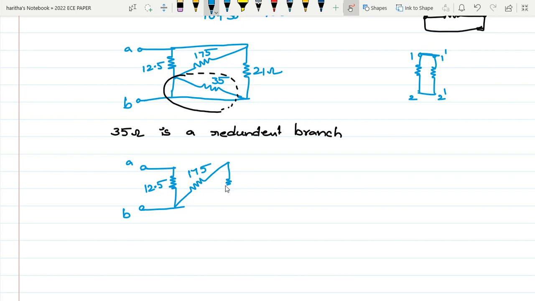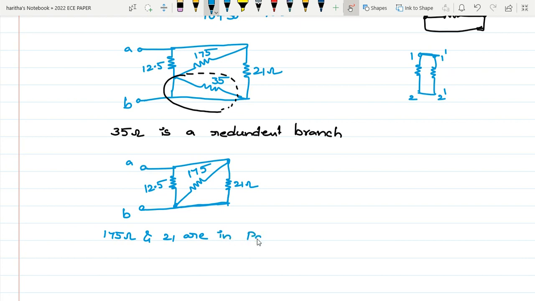And one more resistor, it is 21. One end of 175 is this, and one end of 21 ohm is directly connected to this 175, and other ends of 175 and 21 are also connected. That means these two, 175 and 21, are in parallel.